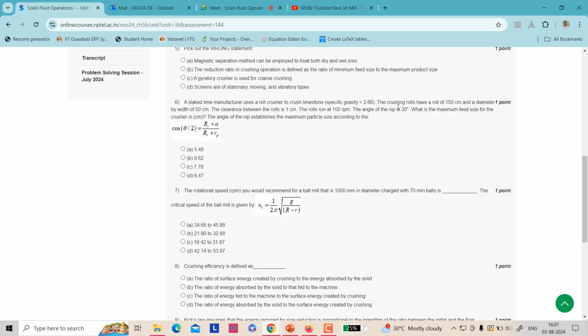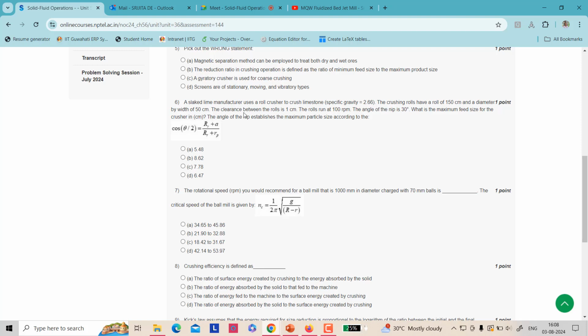The crushing rolls have a diameter of 150 centimeter and a width of 50 centimeter.